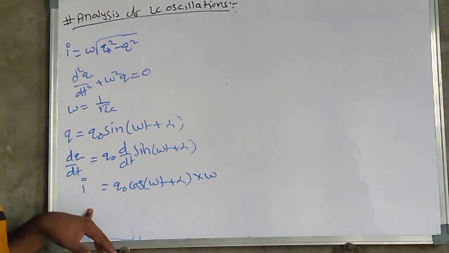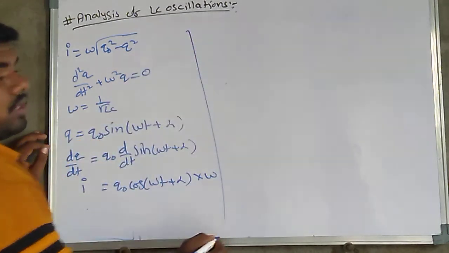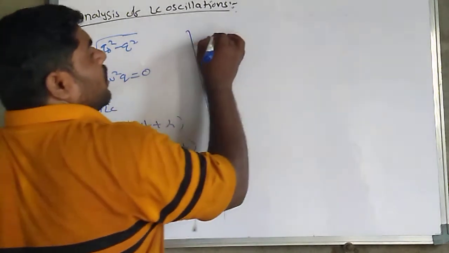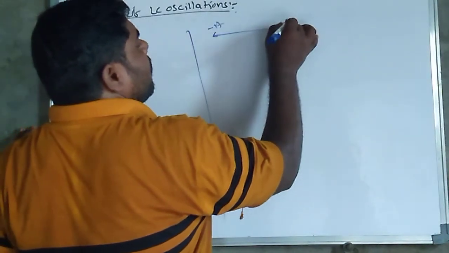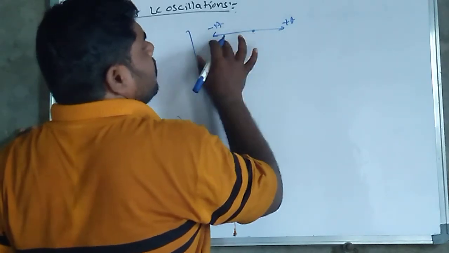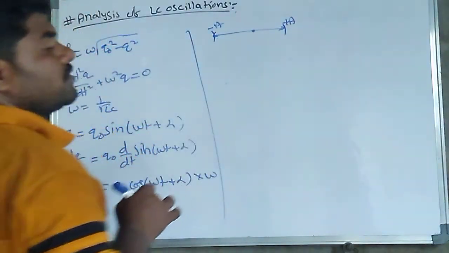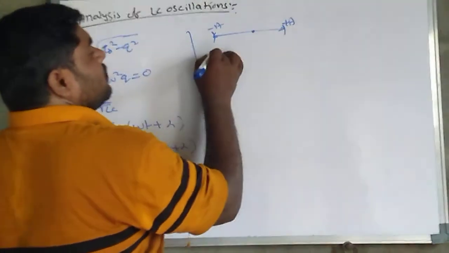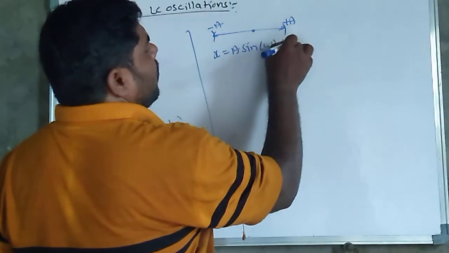This I is nothing but the equation we already know. For example, for a wave, this is the negative amplitude, this is the positive amplitude, and this particle is oscillating in between them. Here the situation, x is equal to a into sine of omega t plus alpha.